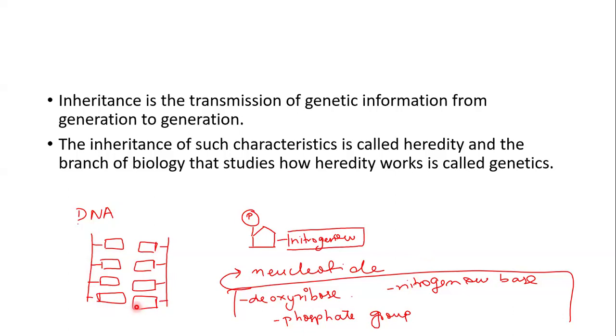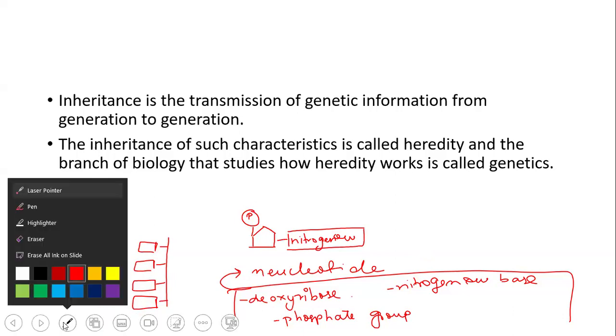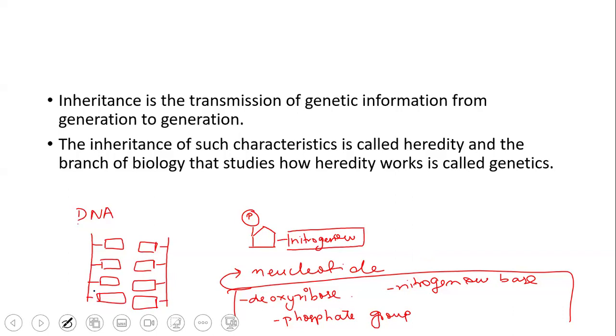Okay, if everything is clear so far, let's talk a bit more specific. When we talk about our nitrogenous base, there are 4 types of bases that we can have.